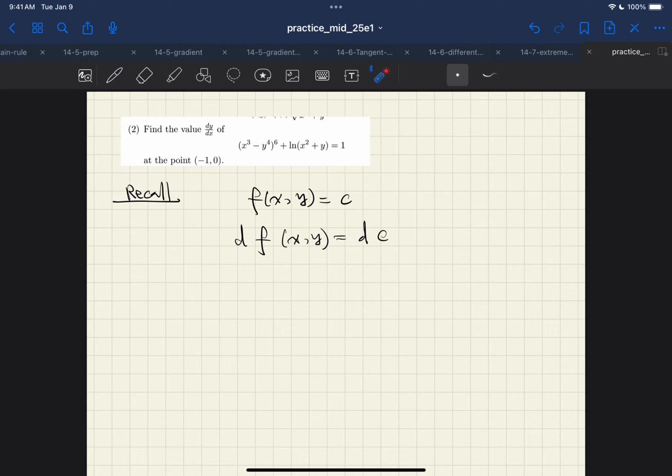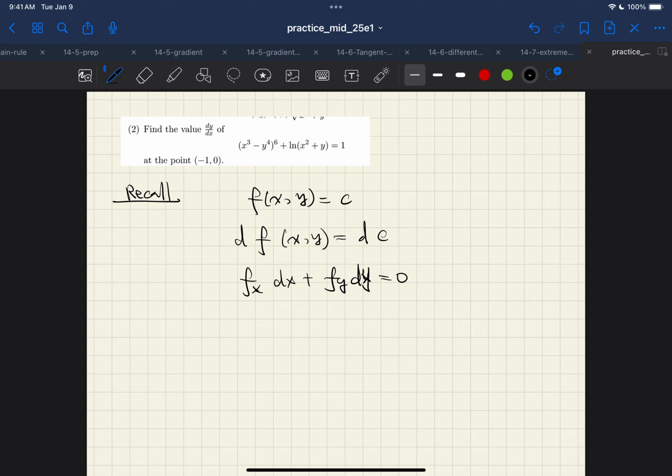The differential of a constant is 0, but the left side is the total differential, which is fx dx plus fy dy equals 0.